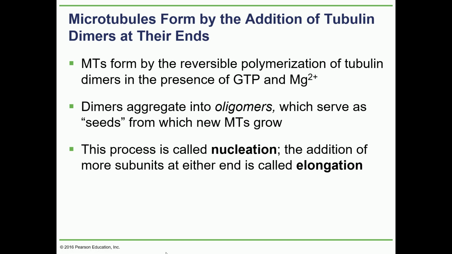So microtubules are formed by the reversible polymerization of the tubulin dimers in the presence of GTP and magnesium.